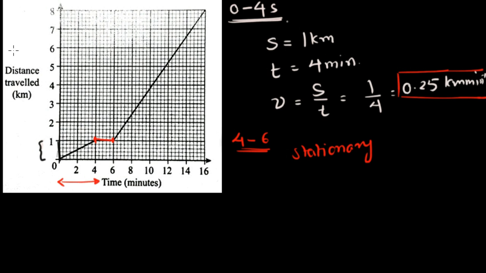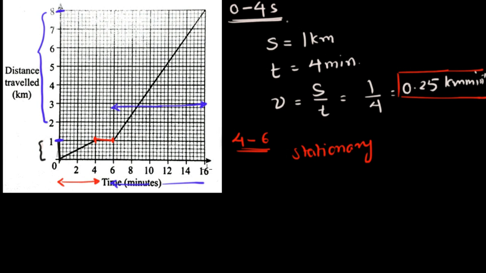Okay, now the next part starts. We got this where the distance starts increasing from 1 and it goes on increasing till 8. Oh wait, not the velocity, but the distance. It starts moving from 1 kilometer and goes up to 8 kilometers, right? So it travels 7 kilometers in so many minutes.